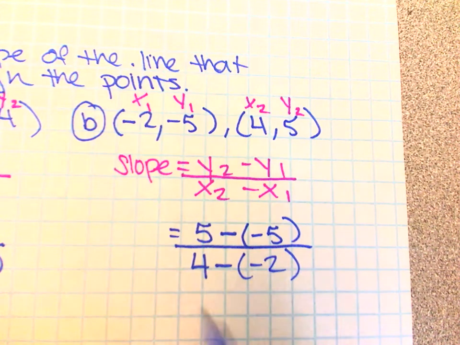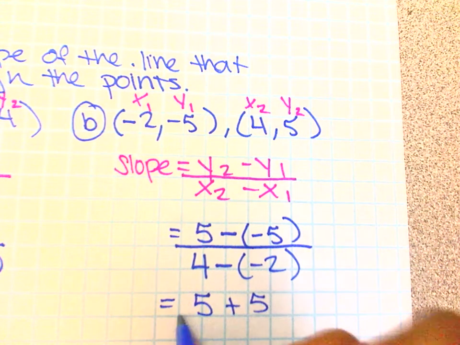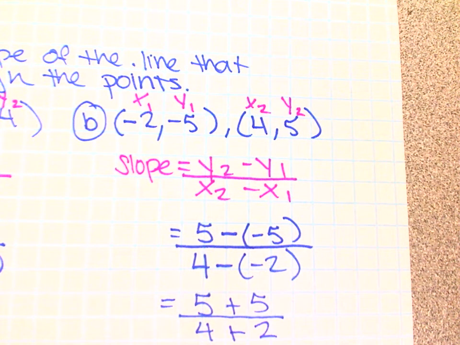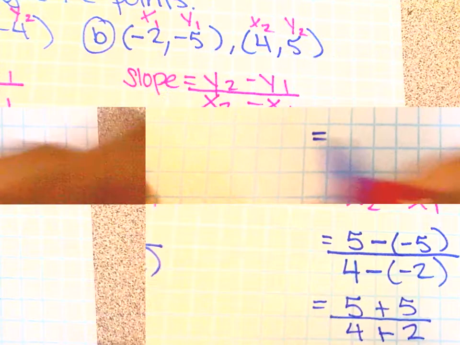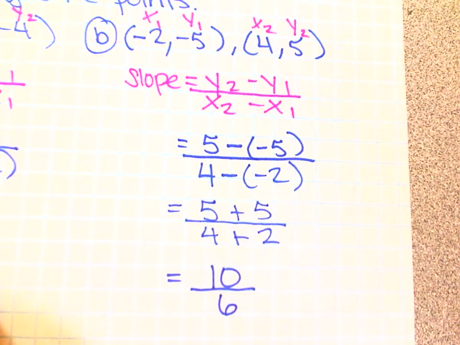Two negatives next to each other equal a positive, so that turns it into 5 plus 5 over 4 plus 2. So now I'm going to add. 5 plus 5 is 10 over 4 plus 2 is 6.